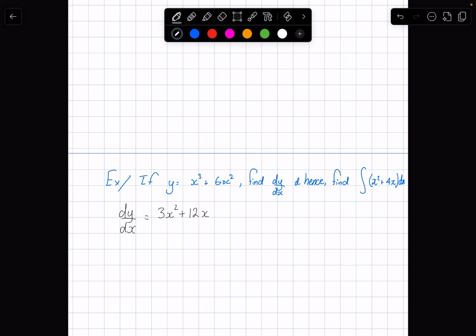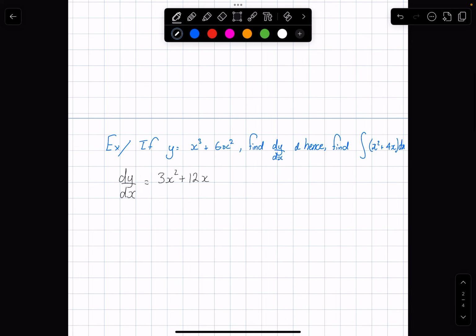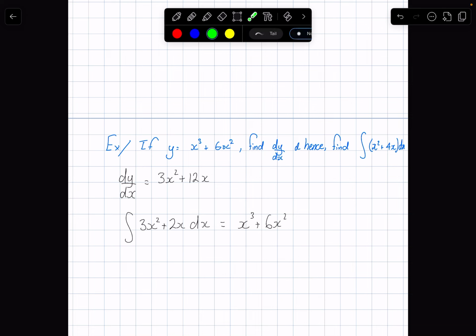Now what's really cool is if I take the integral of 3x squared plus 12x dx, I know in return I get x cubed plus 6x squared because of my definition of integration and differentiation.